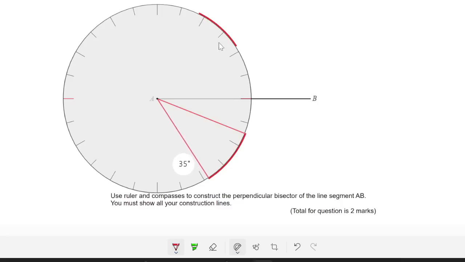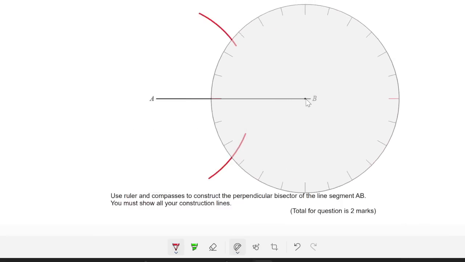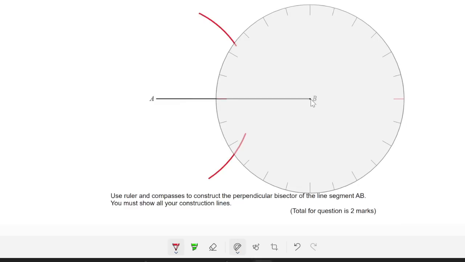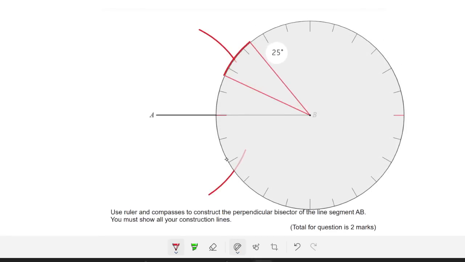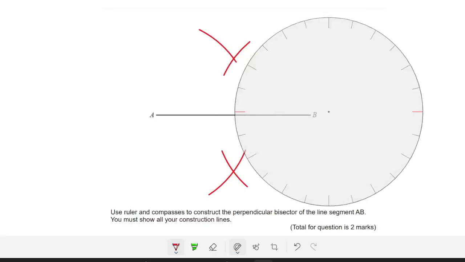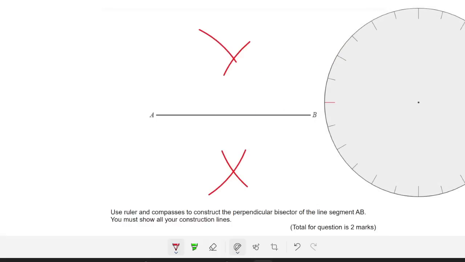And then keeping my compass arms the same distance apart, I put my compass point on B. I'm going to do the same from the opposite side. And then the two points where the compass lines overlap each other is the line that I'm going to use for my perpendicular bisector.